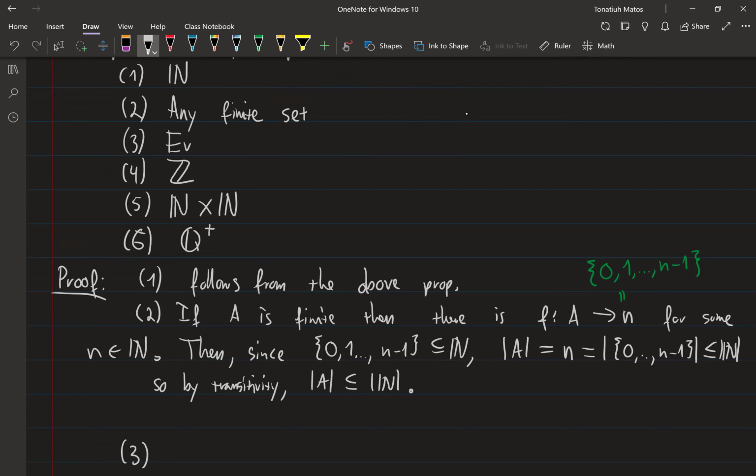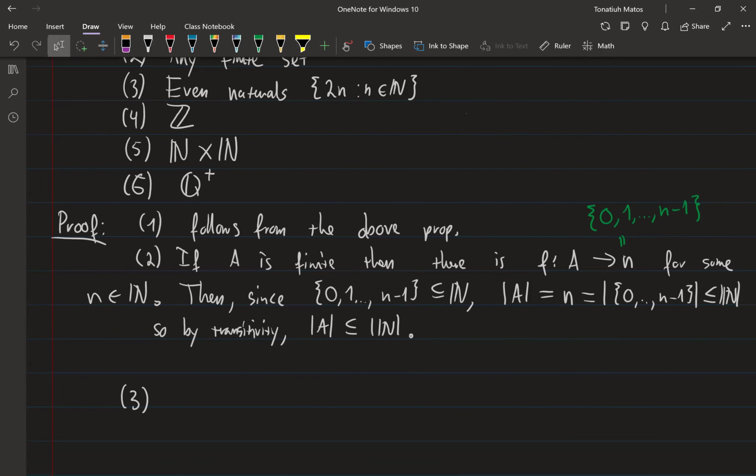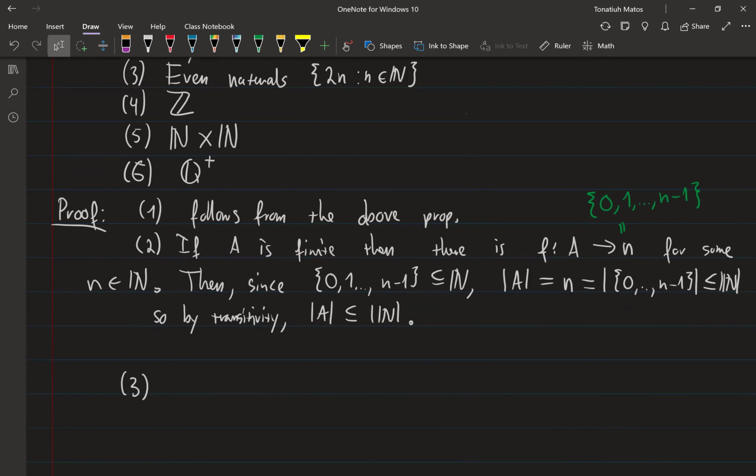Even numbers. Even naturals. Right, so 2n, this set. Why is this set countable? Well, in this case, it's just a subset of n.